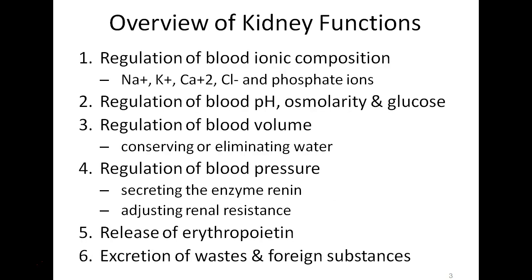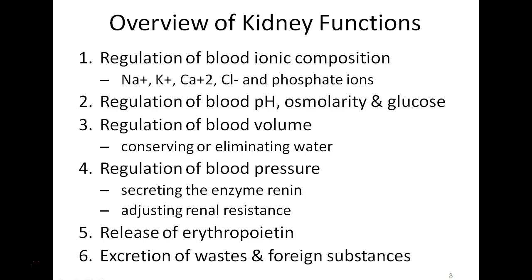Let's take a little bit more of a discussion on the overview of the functions for these kidneys. So one function of these kidneys is that we are going to regulate blood ionic composition. That means the kidneys regulate tiny ions like sodium, potassium, calcium, and phosphate ions to important homeostatic levels in the bloodstream.